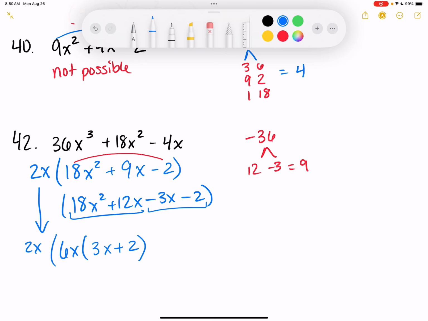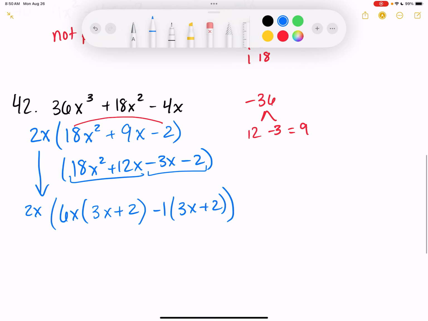So if I take out a negative 1, then I'm left with 3x plus 2. Now those things match, and so my final answer is going to be 2x that I had taken out from the beginning, times 6x minus 1, times 3x plus 2. And that would be it.